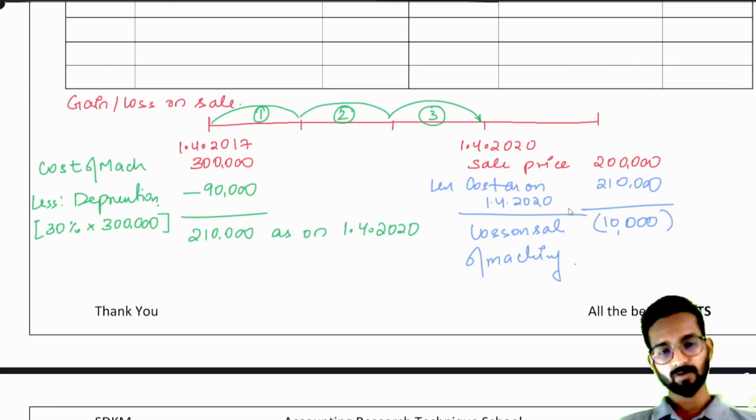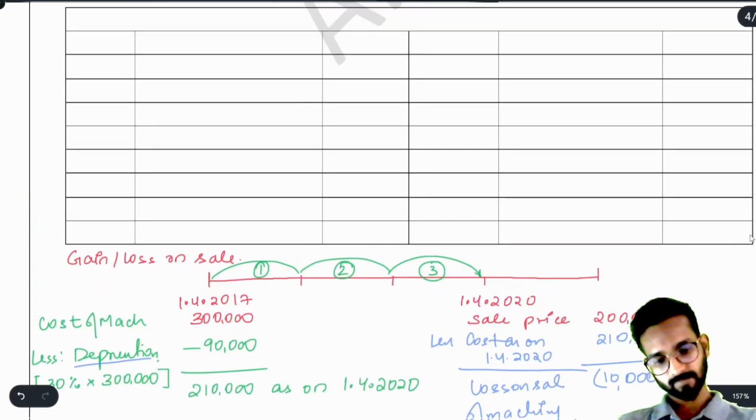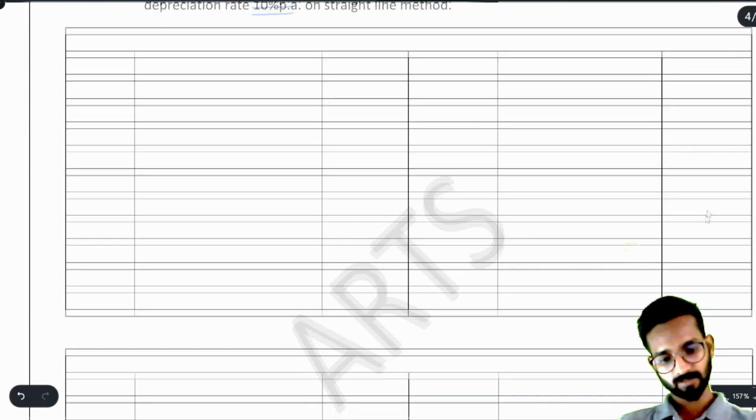Understood? Now understand one thing. This depreciation we accumulated all these years, so the account prepared will be provision for depreciation account. Now check. Be with me.